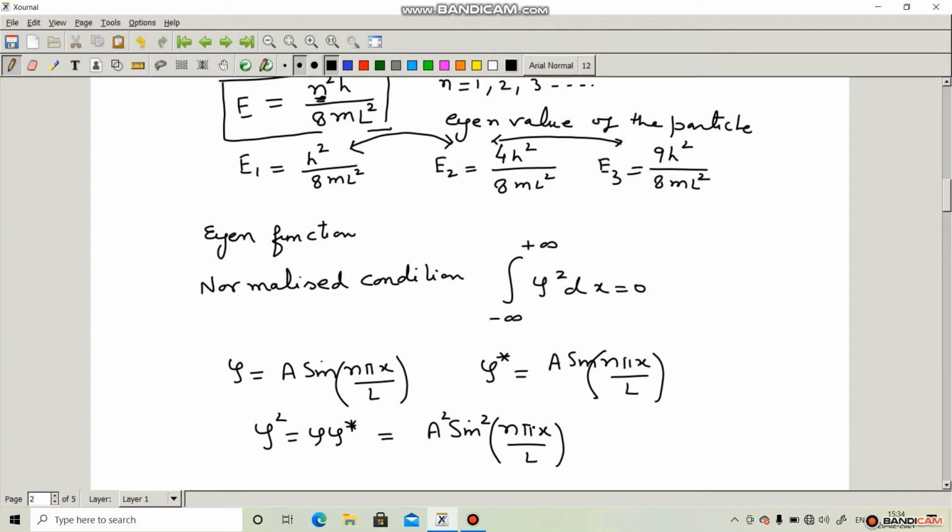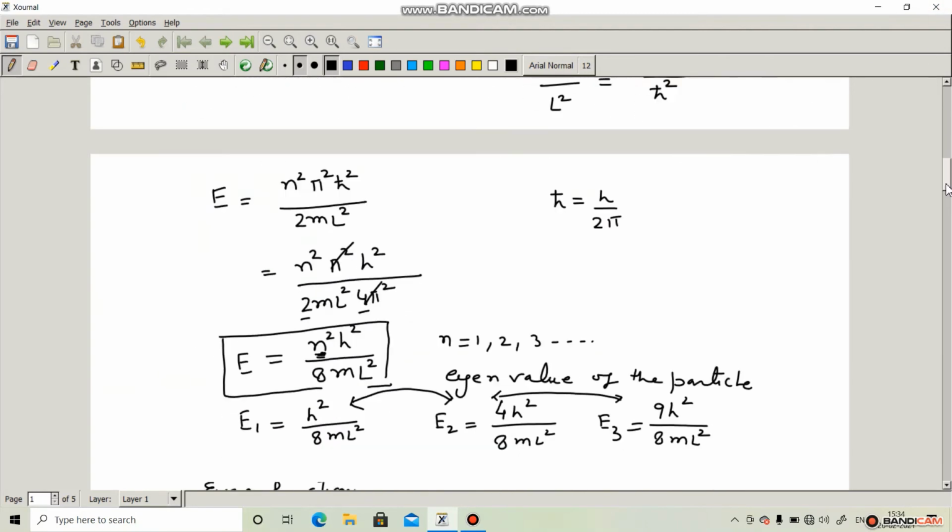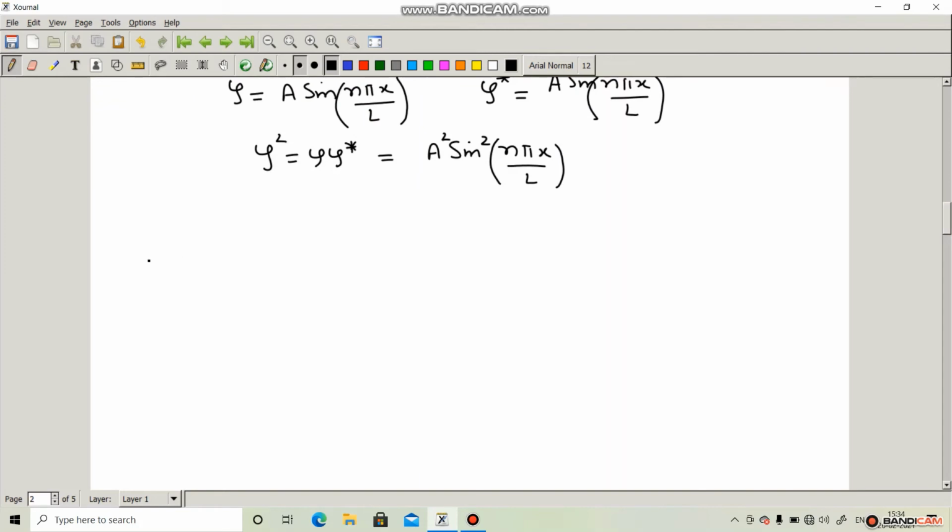This is psi square. And if we apply the normalization condition in this potential well, the condition in this well is x equal to 0 to x equal to L. These are the boundary conditions. So the integration is from 0 to L of psi square dx equal to 1.